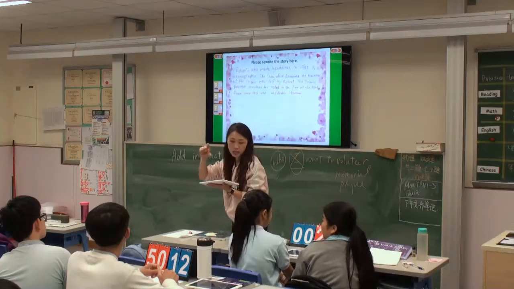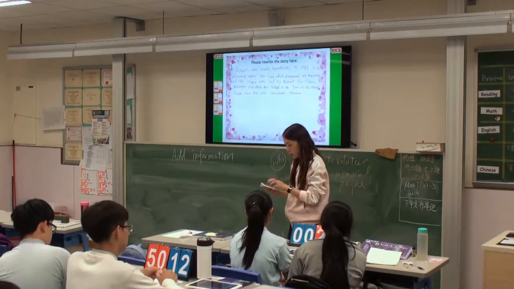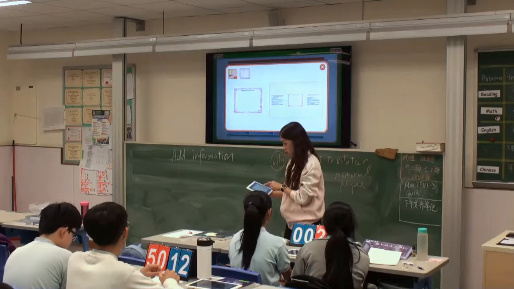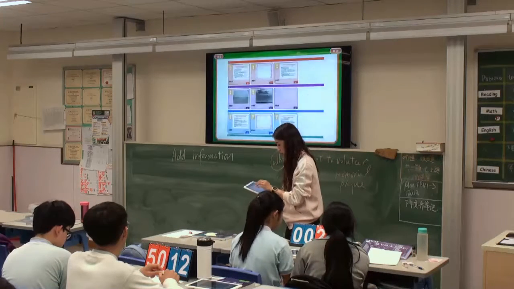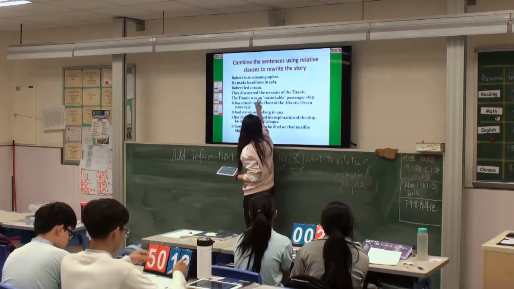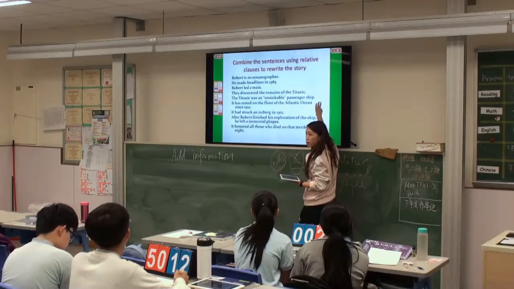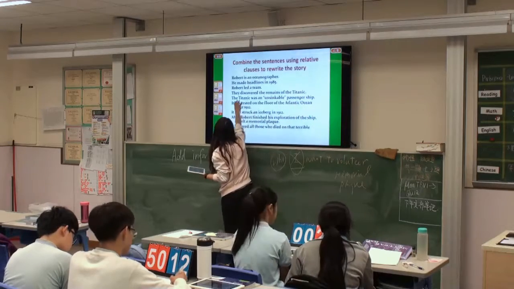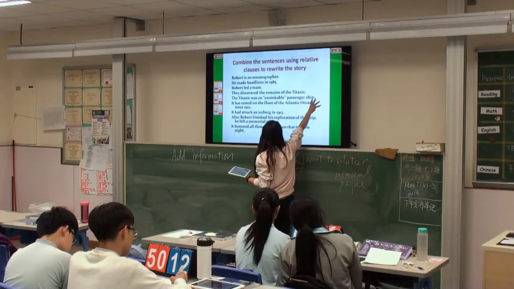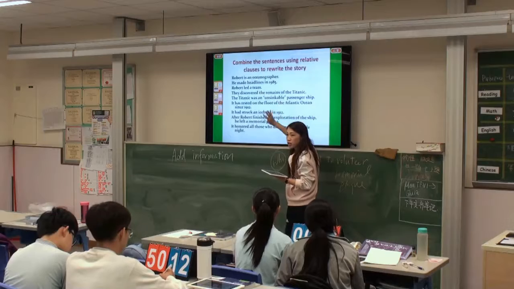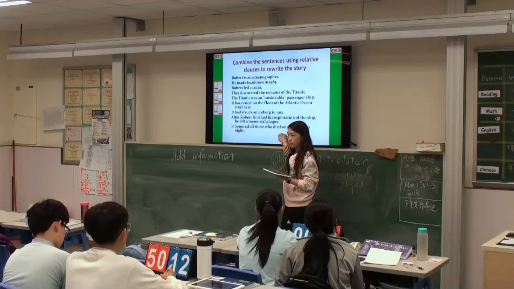But I can see in the middle part of here, some of you mix them up, okay? So you should find connection between sentences. For example, here, the Titanic was an unsinkable passenger ship. And then which one has the same information that you want to add in?